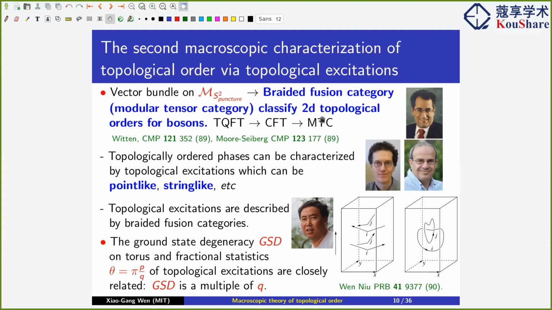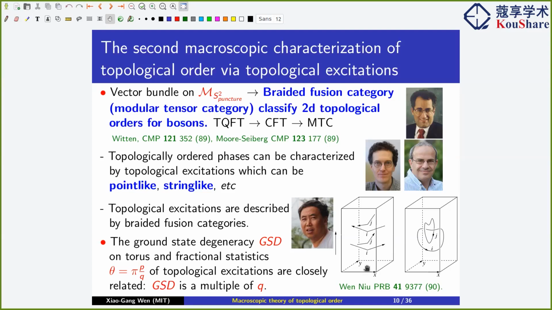Okay. So as I mentioned, the modular tensor category theory is basically a theory about excitation. And actually, we can see that the theory about the ground state and the theory about excitation have a very close connection. One way to see the connection is through this picture.